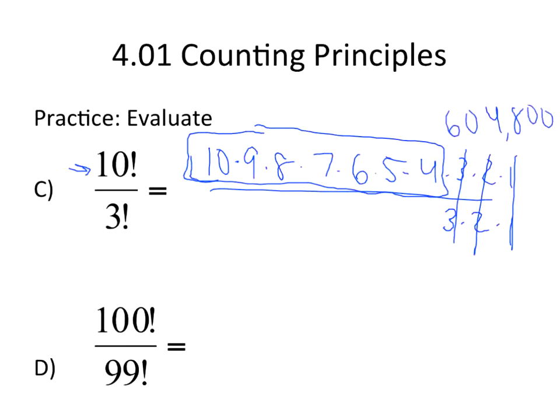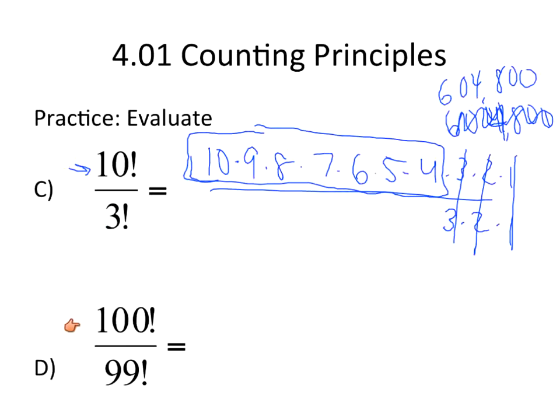Can you guys all write that down? So what did we notice here? Once I wrote out my 10, once I got to what number did they cross off? 3. Once I got to 3, they crossed off.